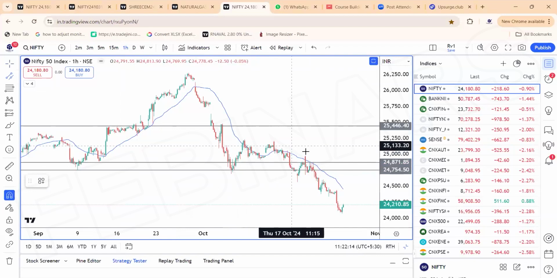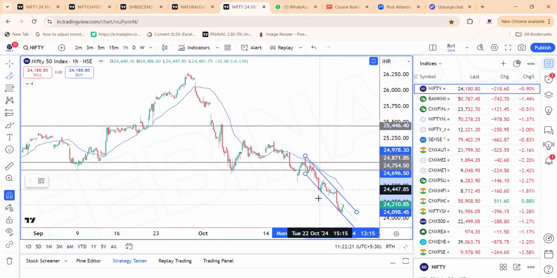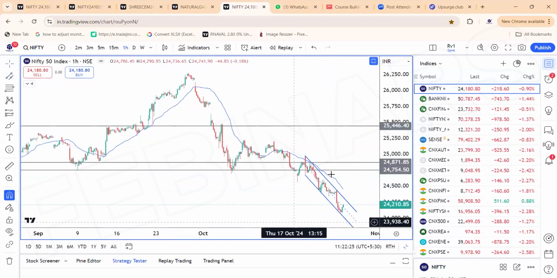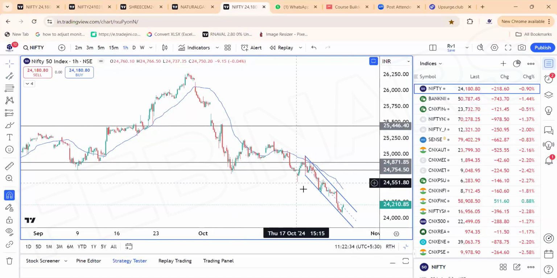The main idea here is to understand the supply and demand zones. Clearly we are in a lower trending channel, which is showing a downward bias. So that's what is happening.